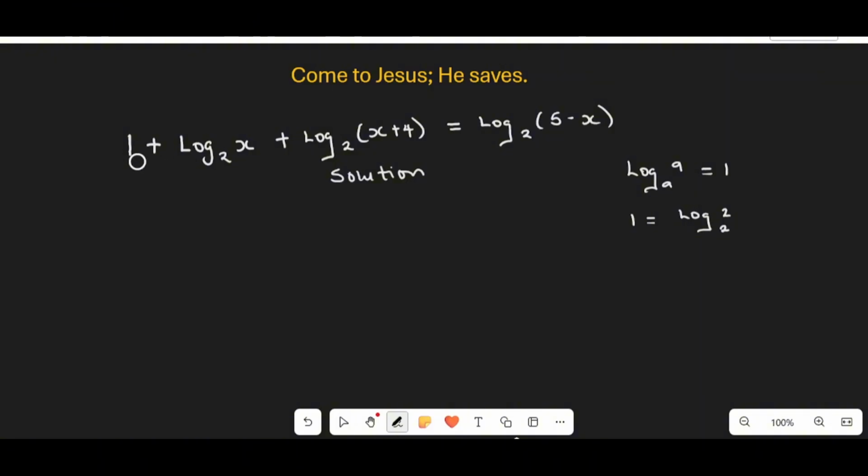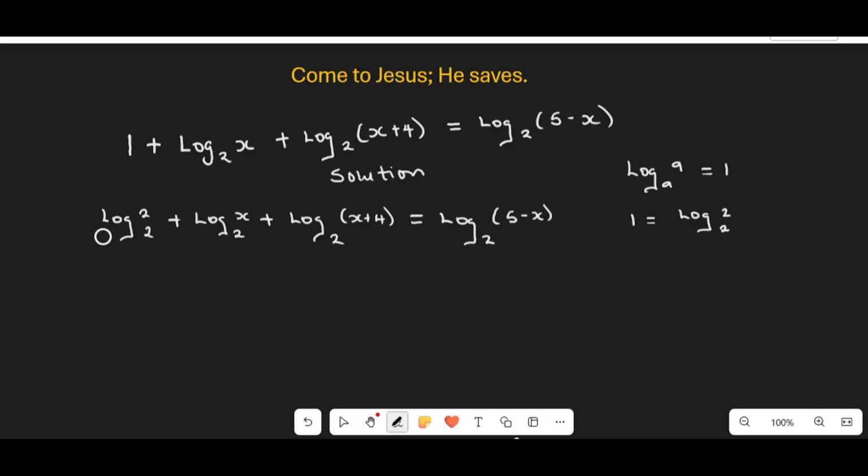So let us replace 1 with log 2 base 2: log 2 base 2 plus log x base 2 plus log x plus 4 base 2 equals log 5 minus x base 2.